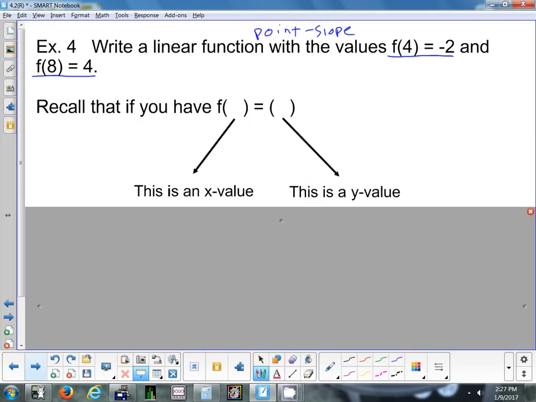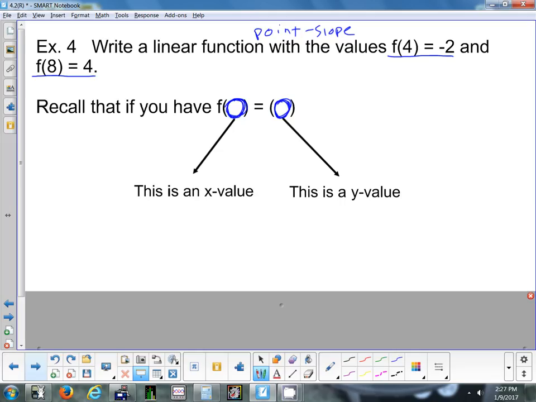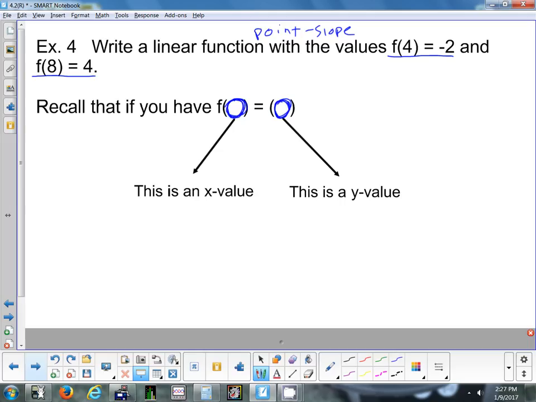If they give you something like this, this number right here, whatever they fill in there, that's the x value. Whatever they put here, that's the y value. And if we can do that, then everything else in the problem stays the same. Let's write this as a coordinate. What is the 4? Is that an x value or a y value?